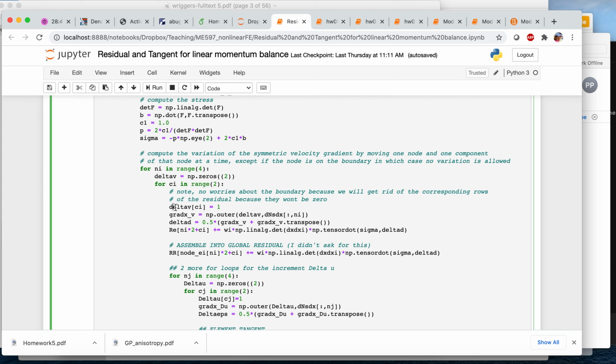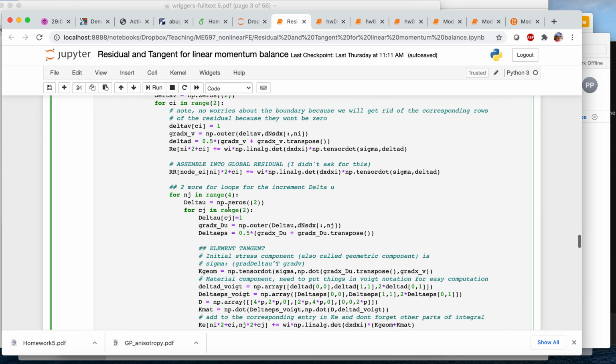And even though I'm making this variation to be 1, in reality, what I'm doing is basically isolating the contribution of each of the nodal variations. So in effect, I am doing the same thing of taking the increments and the variations outside of the integral. I'm pretty much doing the same.